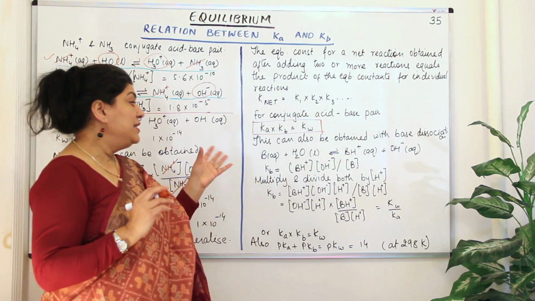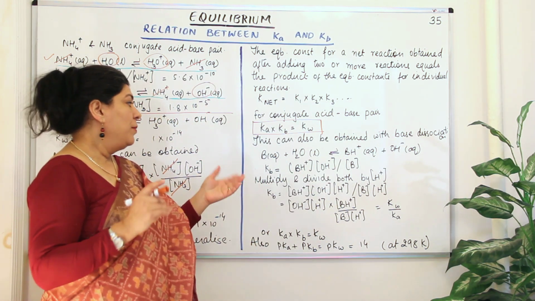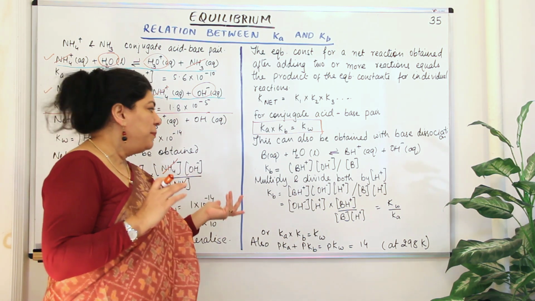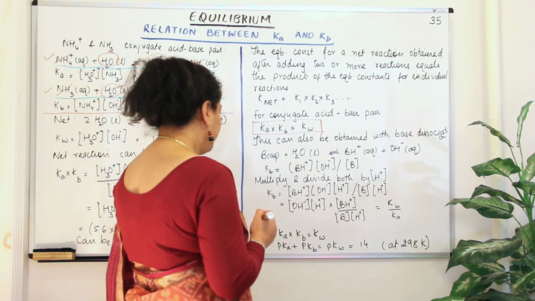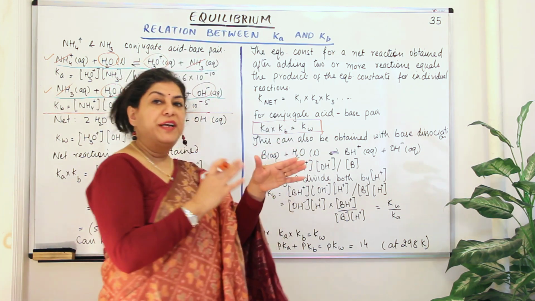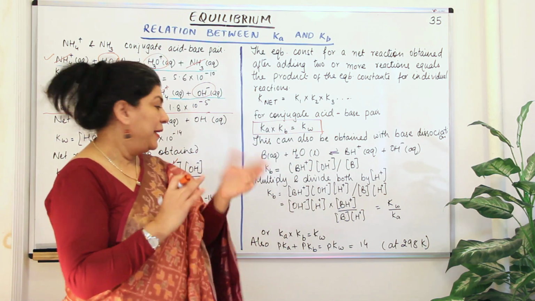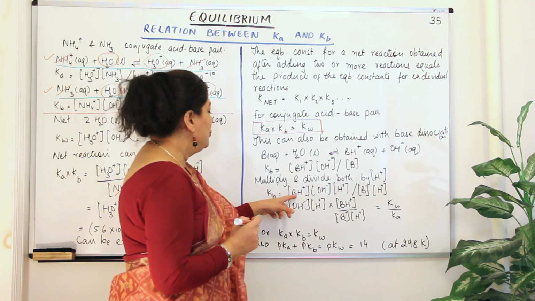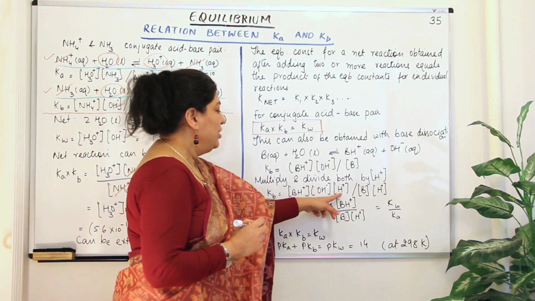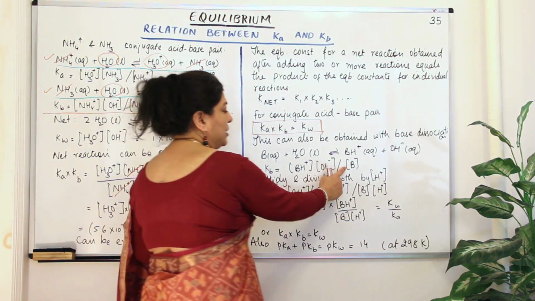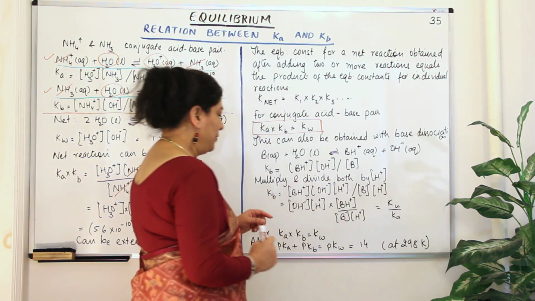Now if we multiply both sides by H positive, meaning the numerator and the denominator, what will we get? You get BH positive into OH negative into H positive upon B into H positive.